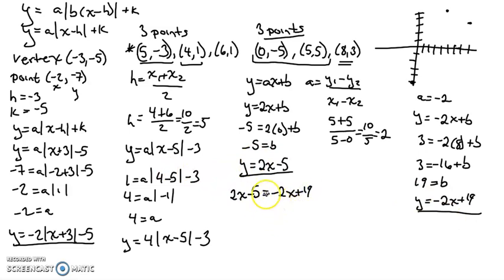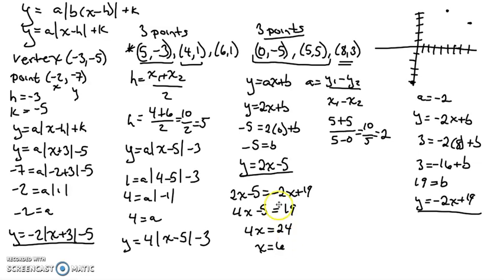And now we can solve for x. If we add 2x to both sides, we get 4x minus 5 equals 19. If we add 5 to both sides, we get 4x equals 24. Divide both sides by 4, we get x equals 6.